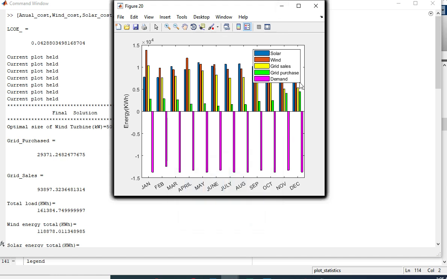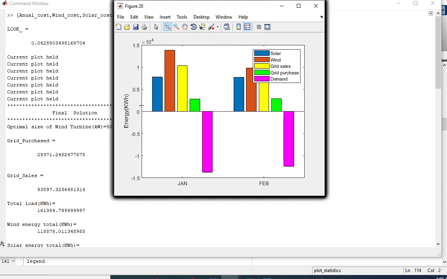This is the monthly profile comparison for each month. Let's suppose for January. Let me zoom in and out. You can see how much energy is being generated by the solar and by wind, how much energy is sold to the grid, how much energy is purchased from the grid, and this is the load demand.